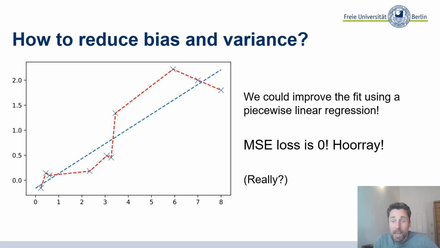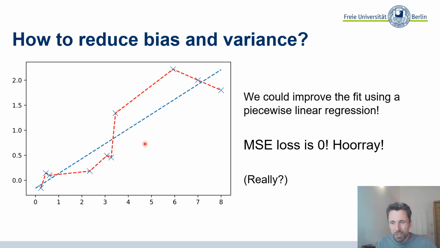Now, how can we reduce the bias and the variance? Well, look at the regression task again. We had sampled our blue points here, and the blue line fit here gives us an okay kind of loss.